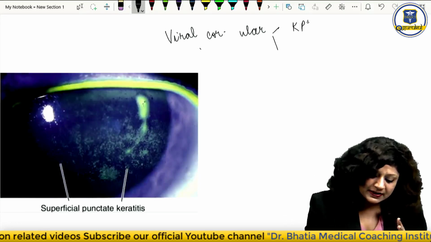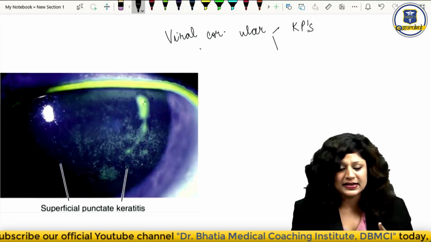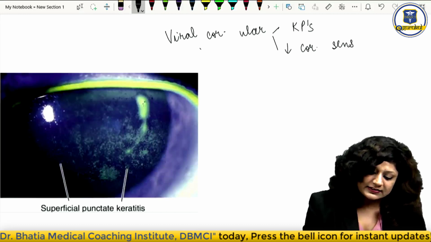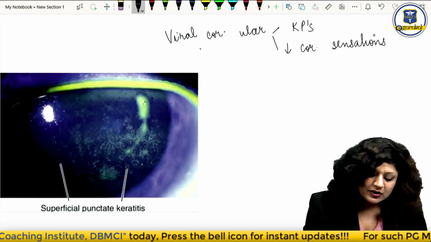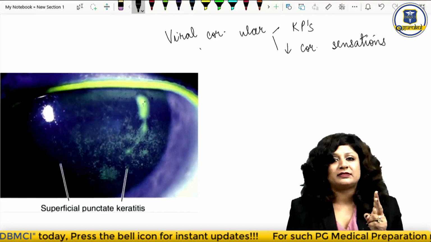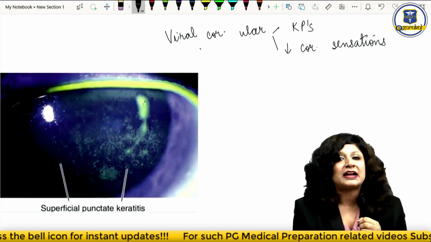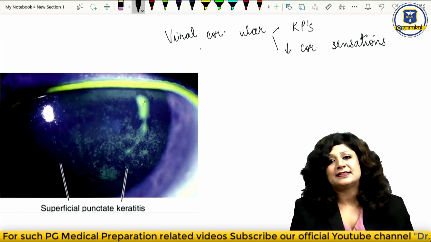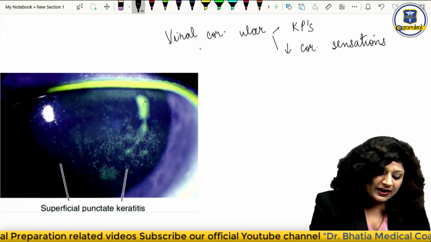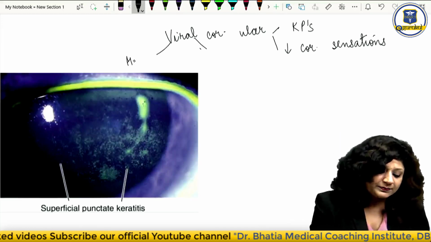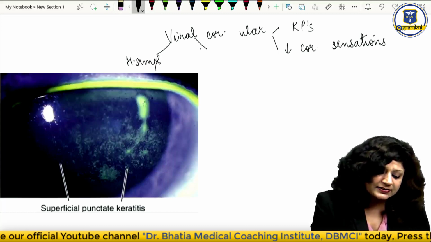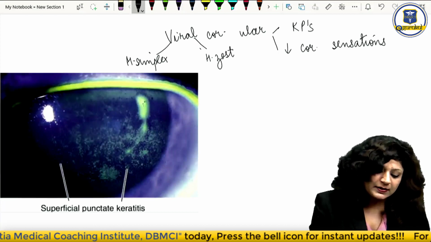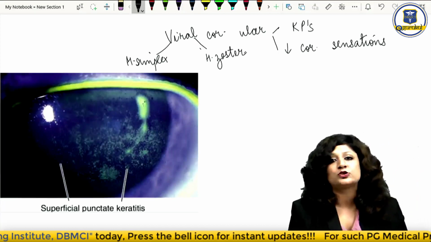One is the KPs, that is the keratic precipitates, and second is the decreased corneal sensations. The two important viruses which cause the ulcer are herpes simplex and herpes zoster.